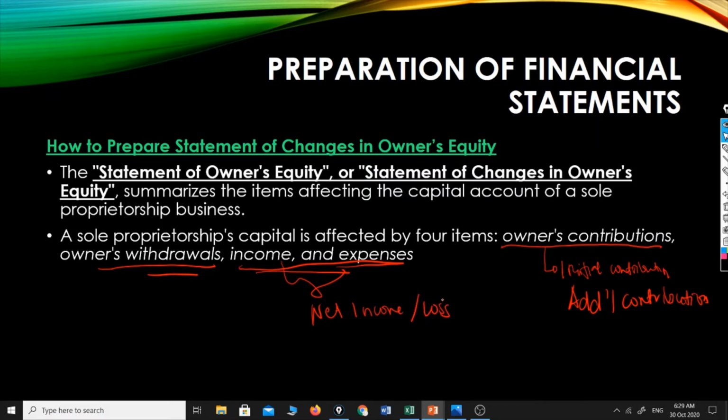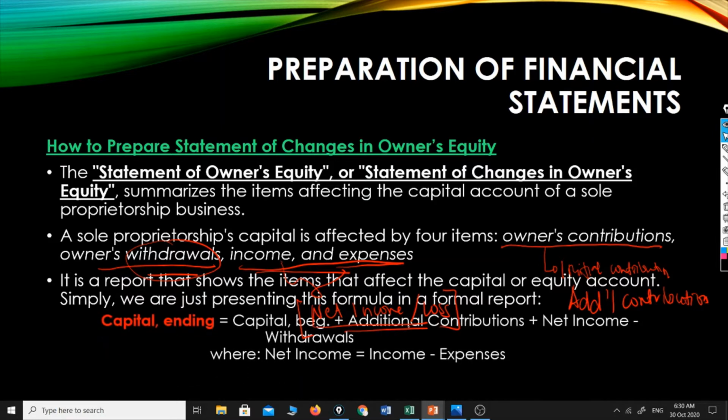Okay, so generally, these are the items that could affect the capital. Owner's capital, the initial contribution, or we have also the additional contribution, the withdrawal, and then the net income or loss. For the income and expenses, because income minus expenses, of course, the amount we come up with is net income or a net loss.